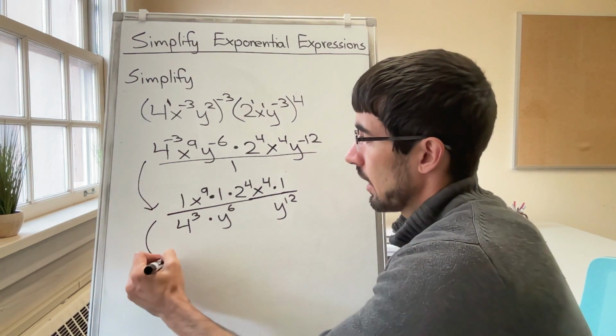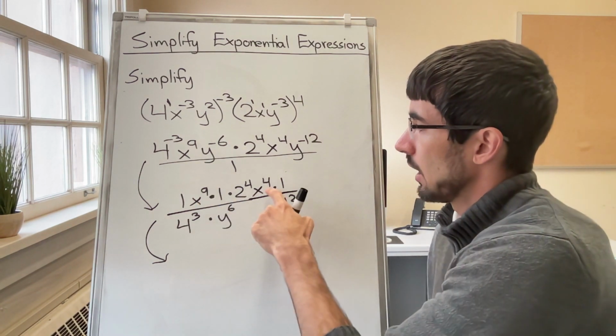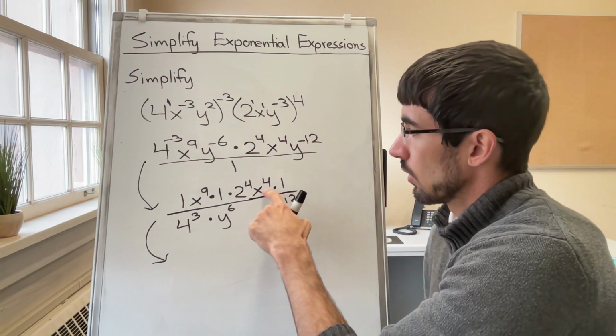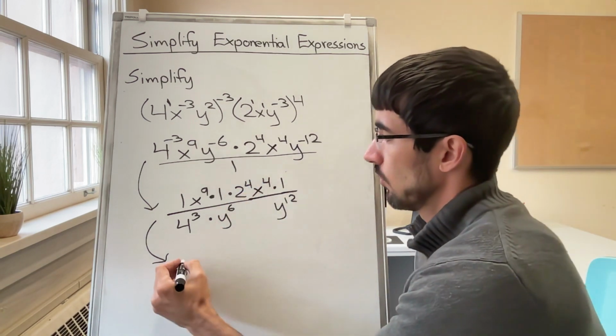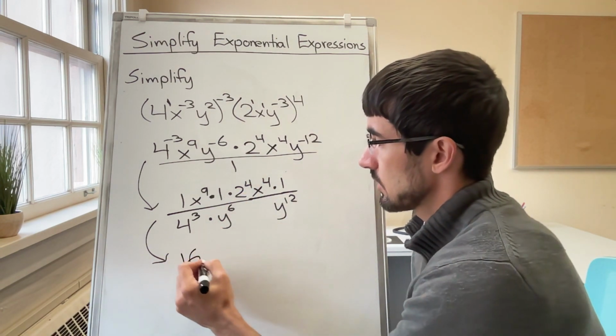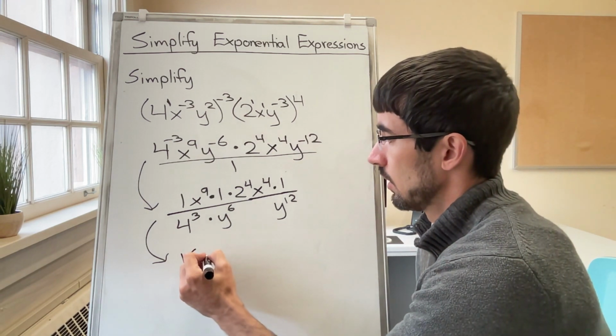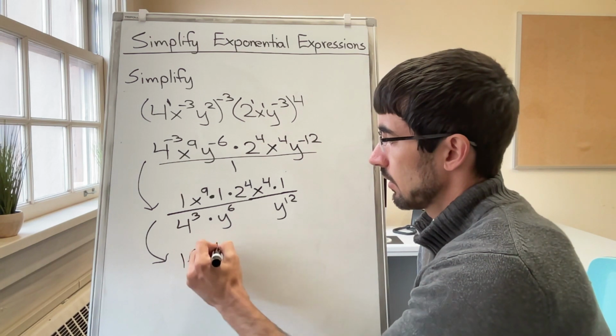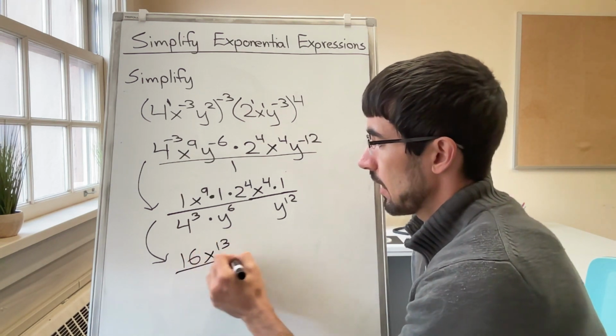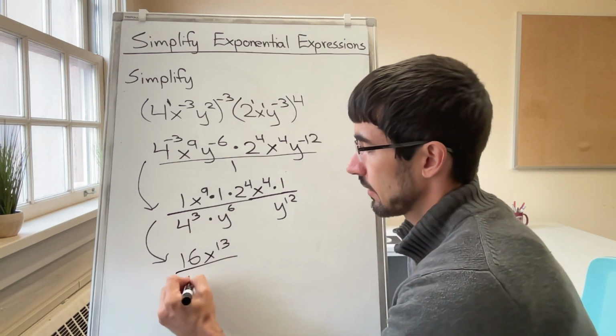When I look at the numerator, I have x to the 9th and x to the 4th. I'm also going to multiply out this coefficient. 2 to the power of 4 is 16. So let's start there. 2 to the 4th is 16. X to the 9th and x to the 4th gives me x to the 13th. And that's over 4 cubed, that's 64.